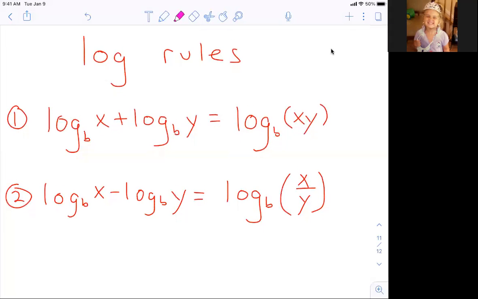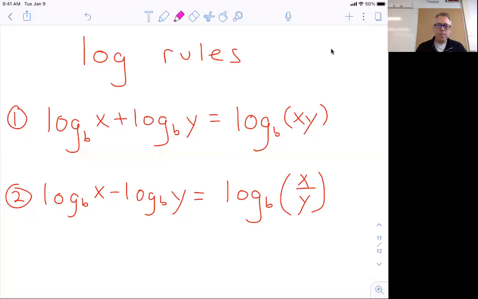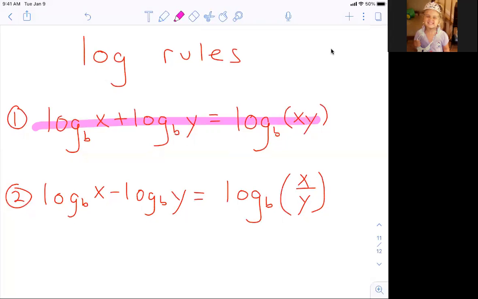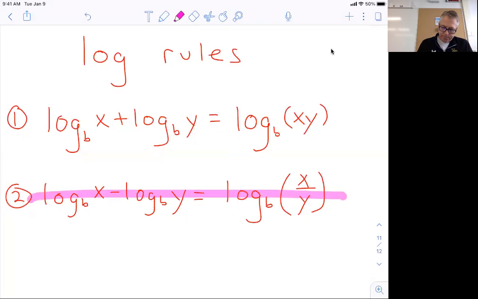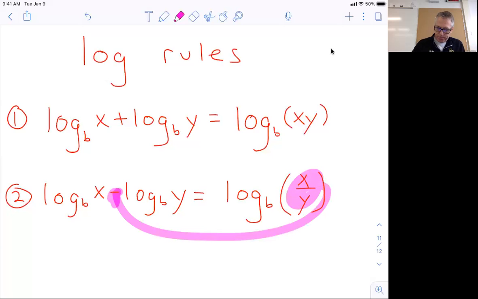Wait, is the first problem all on the same line? All on the same line, yes. Okay, thank you. Remember, the b's are subscripts, though. Those are written smaller and a little bit lower. And same with the second one here. So for the second one, log base b of x minus log base b of y, if we're condensing it, the subtraction becomes division.